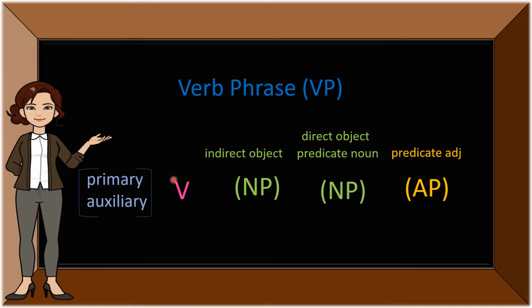A verb phrase requires a verb, and so does every sentence in English. Now, this verb can have a primary auxiliary verb in front of it, creating a tense. And we talked about present progressive tense so far. So it's going to have some form of to be as the primary auxiliary verb and a present participle.